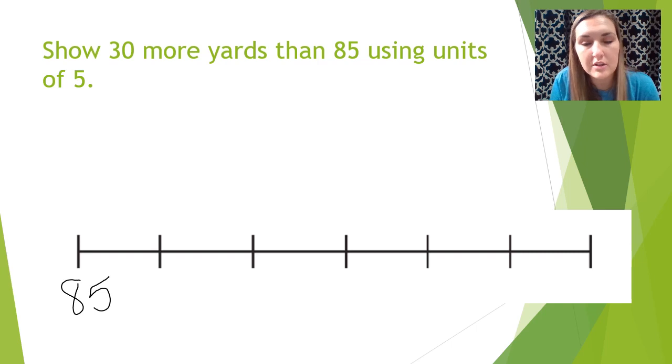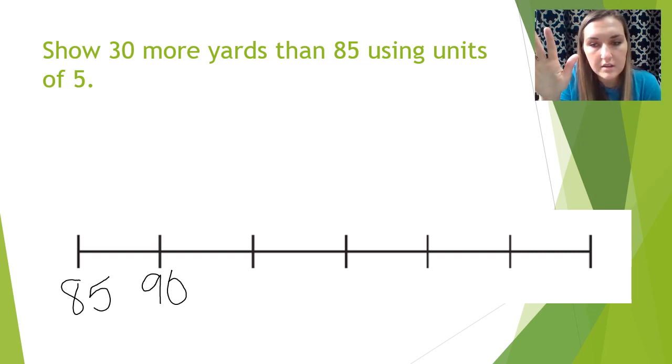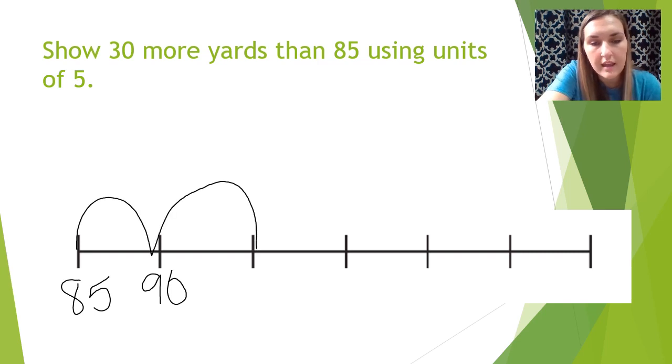What number comes after 85 if it is counting by 5s? 90. We are going to show 30 more yards than 85, and we're counting by 5s. You can watch as I demonstrate, and then you can draw the jumps on your number line. 5, 10, 15, 20, 25, 30.